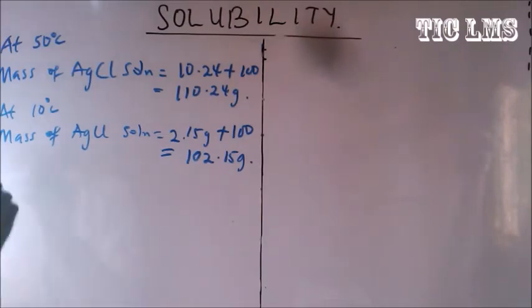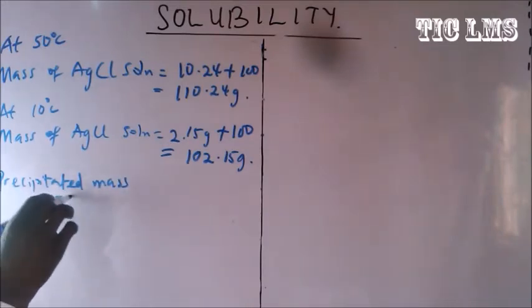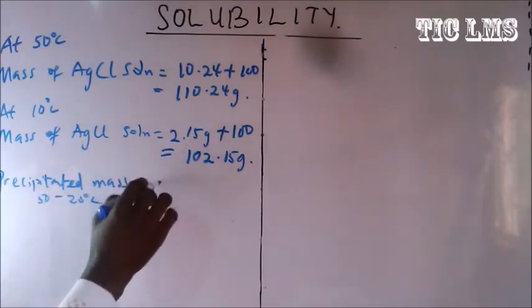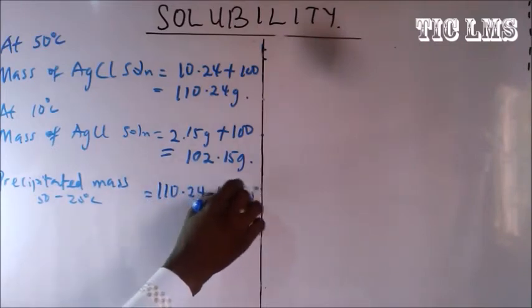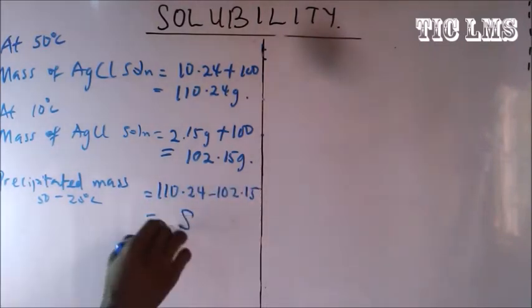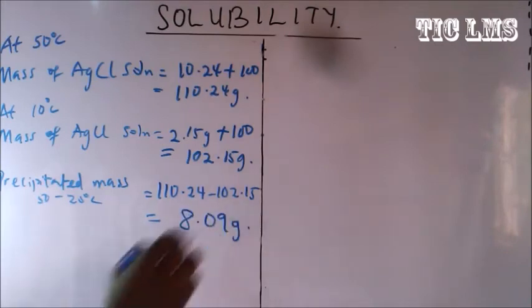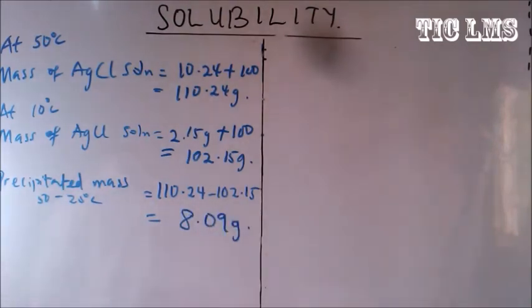Now, on cooling from 50 degrees Celsius to 10 degrees Celsius, what is the mass of silver chloride that precipitated? So we have that precipitated mass from 50 to 10 degrees Celsius will be 110.24 minus 102.15, and that will give 8.09 gram of silver chloride. Next, we have to calculate the silver chloride precipitated when we have a solution of 50 gram which was cooled.